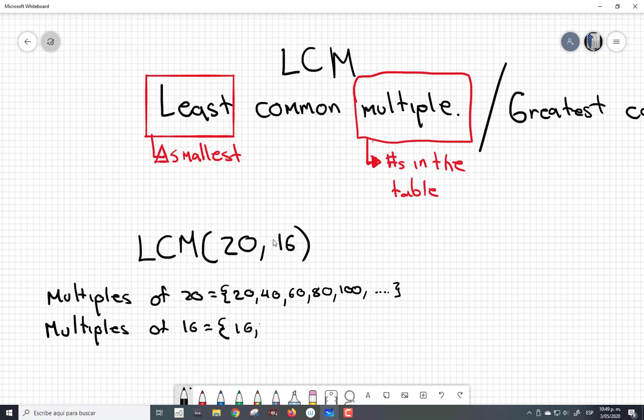Sixteen, 32, 16 times 3 is, I just forgot the tables of multiplying. Let me do it here. 16 times 3, 48. 16 times 4 is 64.